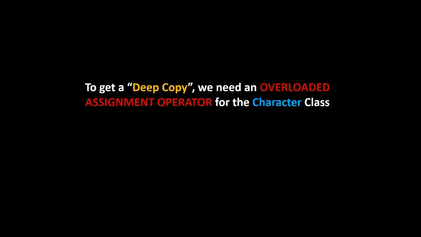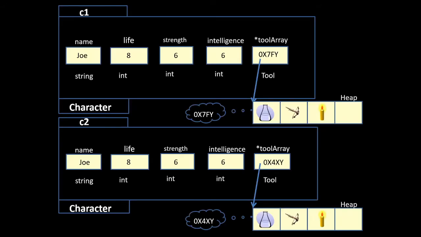So what we have to do, to get a deep copy, is write an overloaded assignment operator for the character class. Okay, and so this is what we're trying to achieve now: that both of my characters, after C2 equals C1, are now pointing to different areas on the heap.